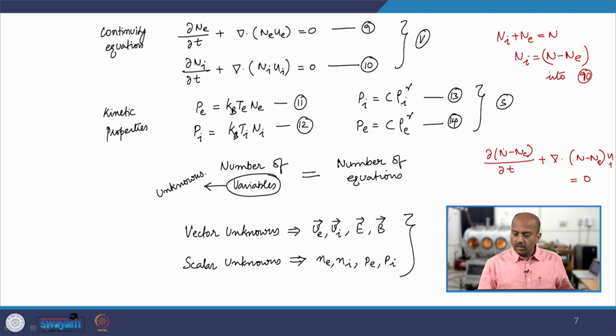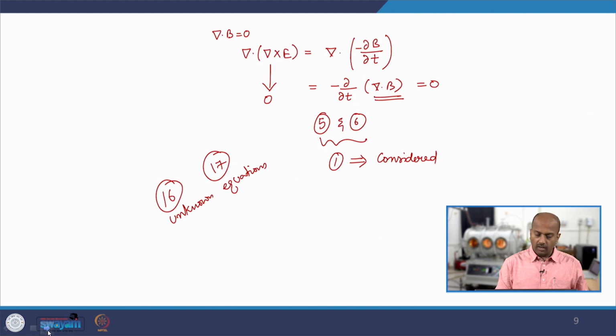So, if you take the total number to be a constant, you will get equation number 9 from this, which means that out of the two continuity equations, we can only take one equation. That means one continuity equation can be dropped.